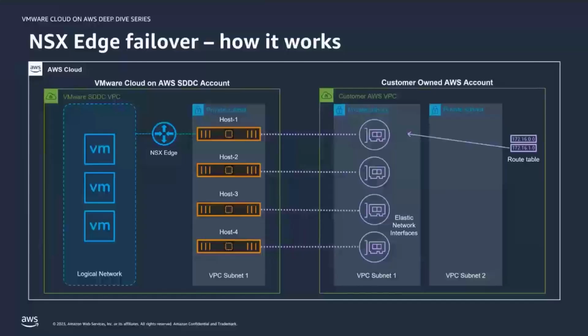We have NSX Edge running on a particular ESXi host, and the network interface of that host is associated with our connected VPC. So our communication in and out from SDDC to AWS goes exactly through this network interface.